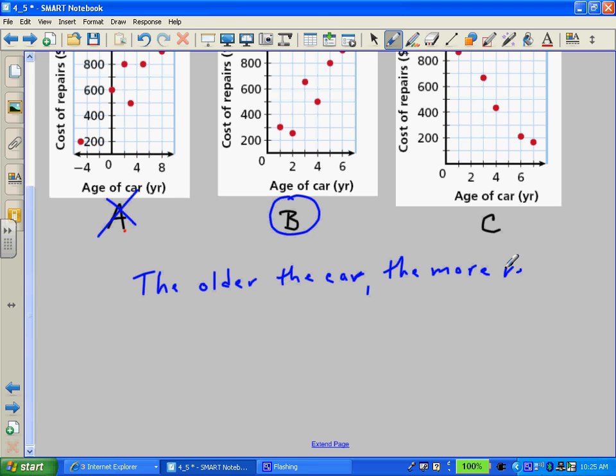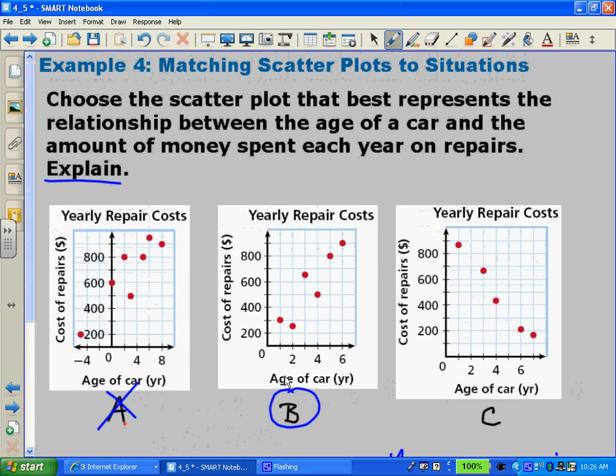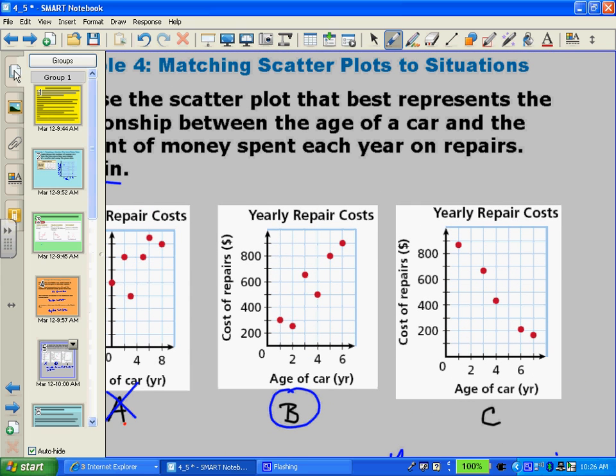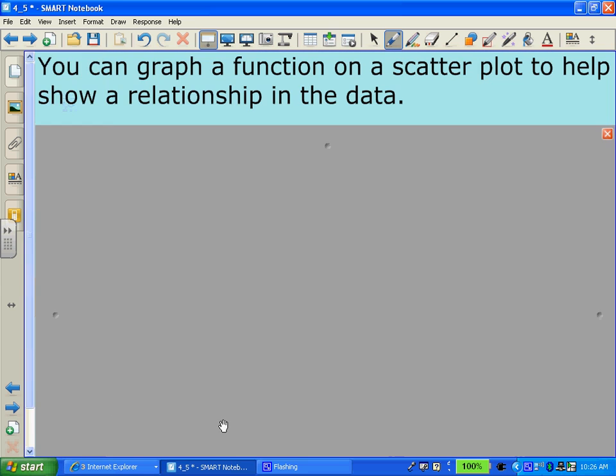Or as the car gets older, you'll have to repair it more, or something like that. Okay? So on these, you would choose a graph and you would explain why you chose that particular graph.